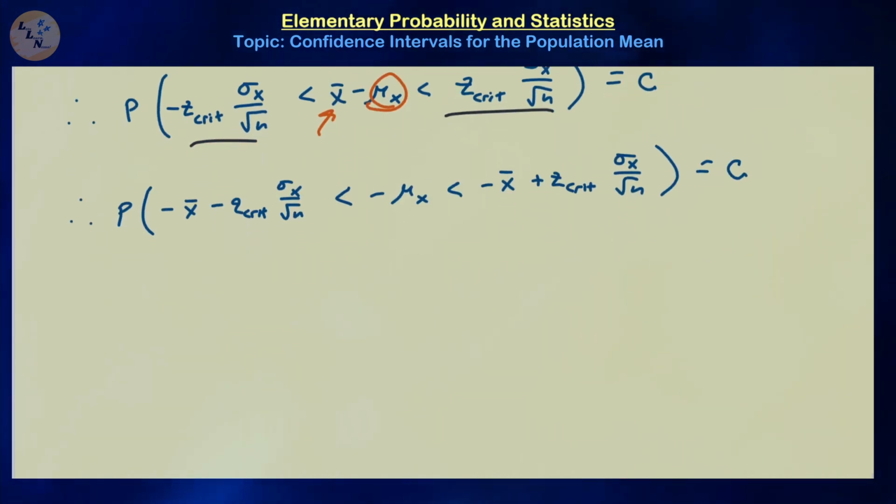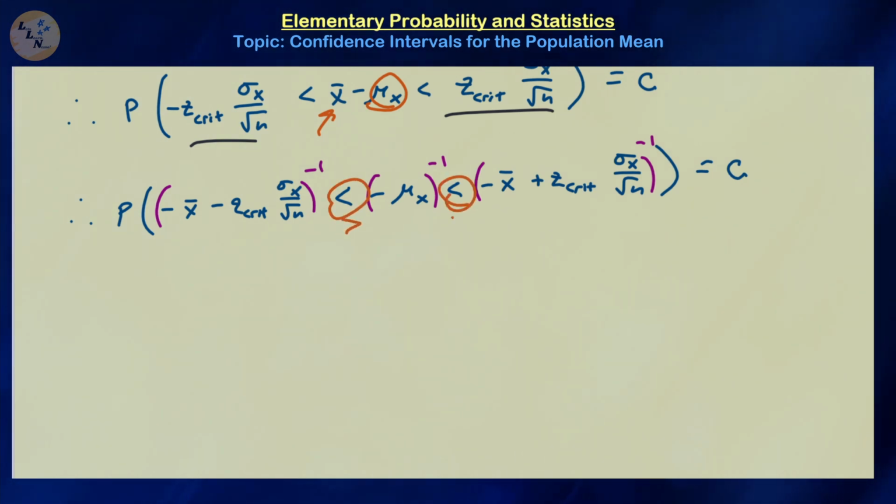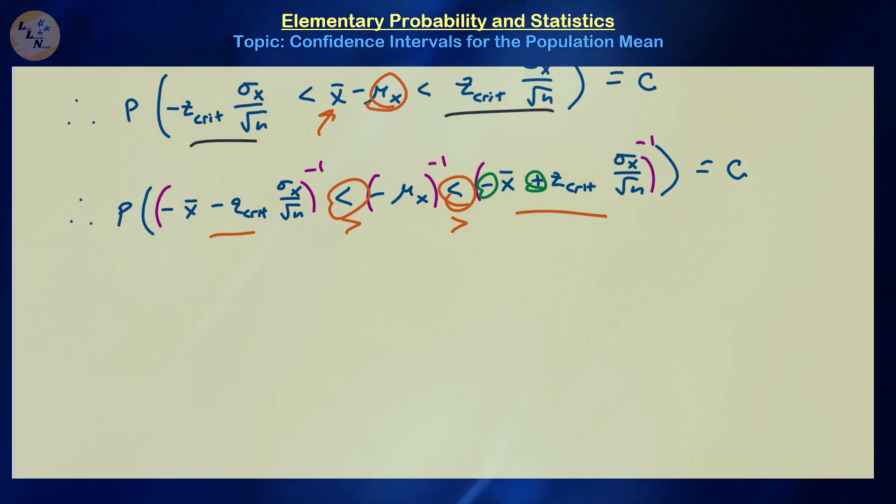And now I'm going to multiply all sides of this inequality by negative 1. When I do that, my inequality signs are going to reverse in the other direction. So that means this side becomes the left and this side becomes the right. This sign is going to become positive, and that sign is going to become positive. So what are we going to have there?